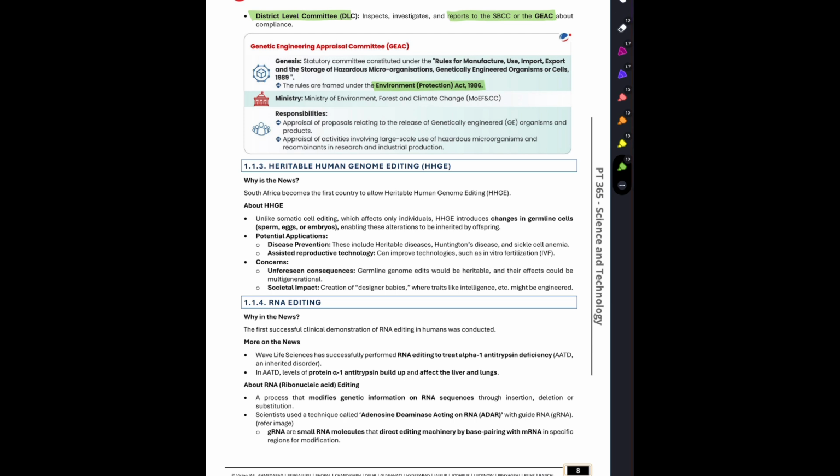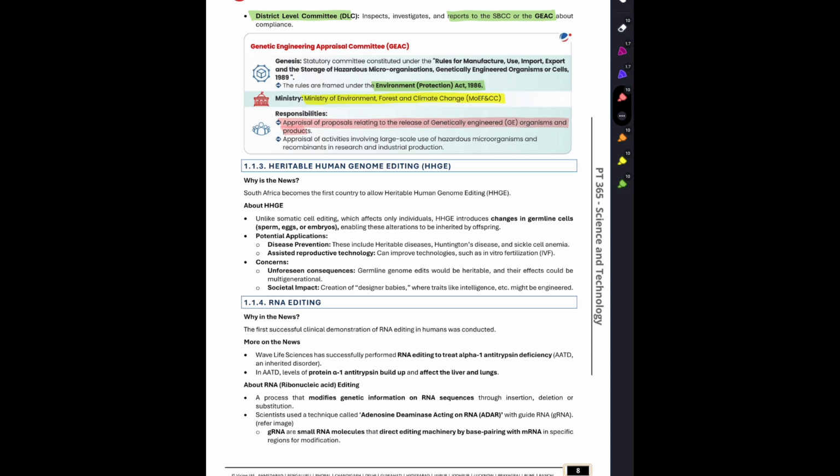It falls under the Ministry of Environment, Forest and Climate Change. Its responsibilities are appraisal of proposals relating to the release of genetically engineered organisms and products, appraisal of activities involving large-scale use of hazardous microorganisms, and recombinants in research and industrial production.